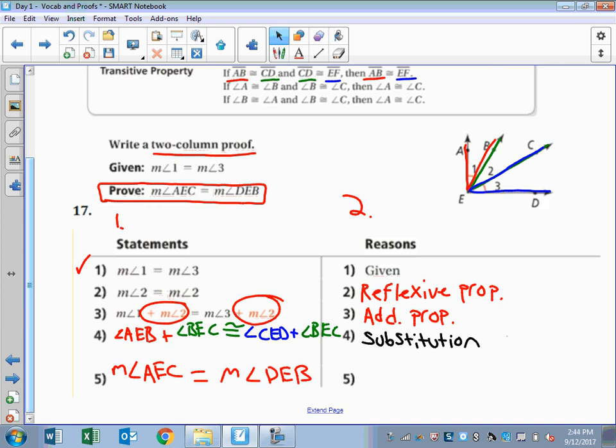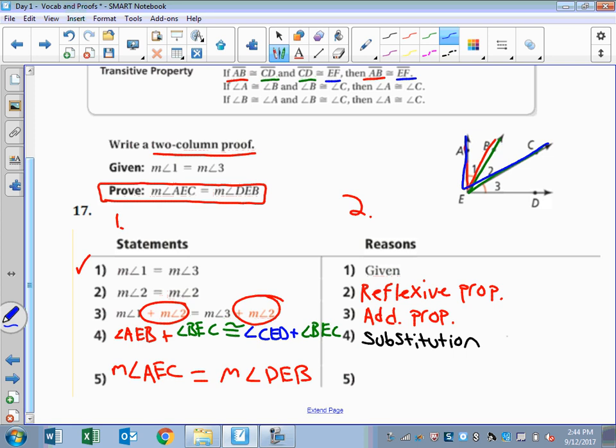Well, we have AEB plus BEC. So red plus green. AEB plus BEC. Well, if you look closely, AEB plus BEC is the same thing as AEC. So we added those two angles together to get the bigger angle.